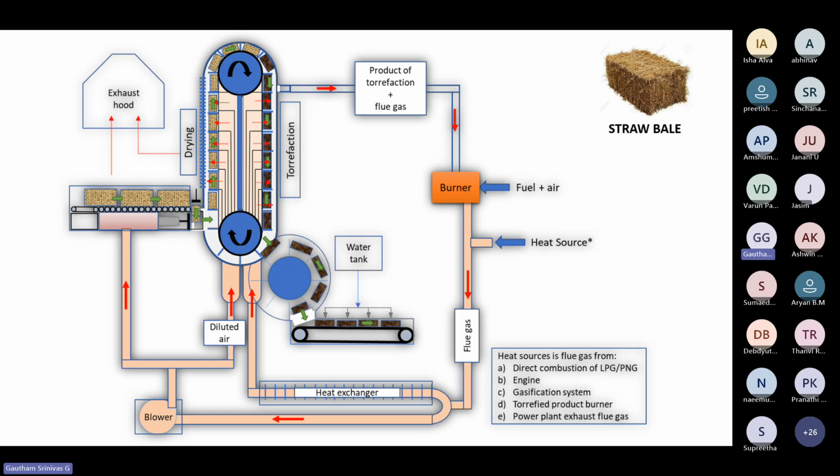But this is cooled down. So let me ask you this before I proceed to explain the rest of this diagram. Why do you need to cool this biomass down immediately? So that it doesn't release the energy, or start burning. Exactly. It should not start burning because it is at a very high temperature.